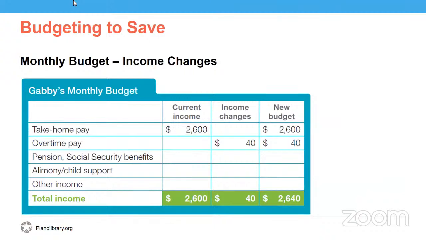So this is the point where you put your budget into action. To start building wealth instead of debt, Gabby decides to make a few changes. First, she picks up extra hours at work, which translate into an extra $40 a month. And that's an extra $40 of her take-home income.